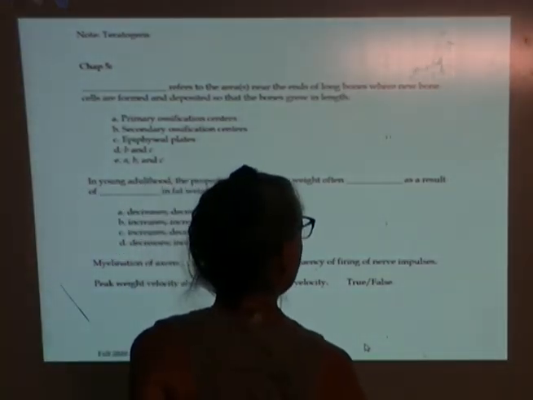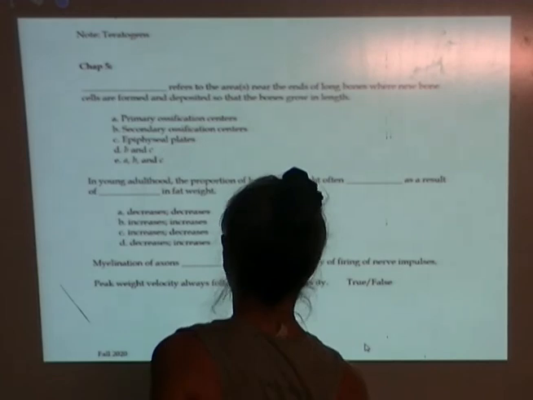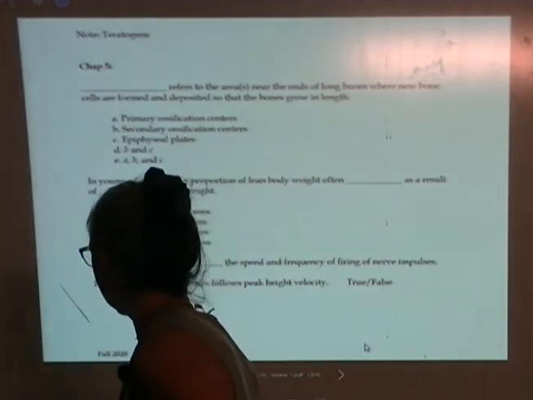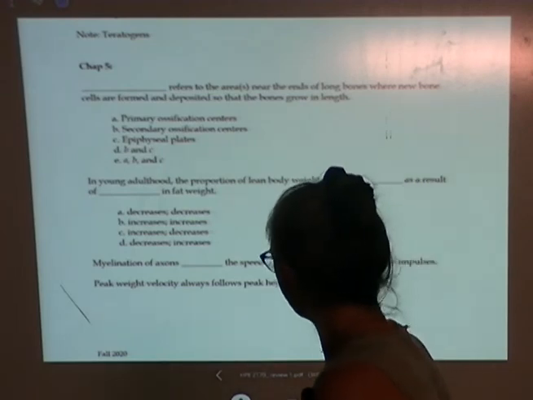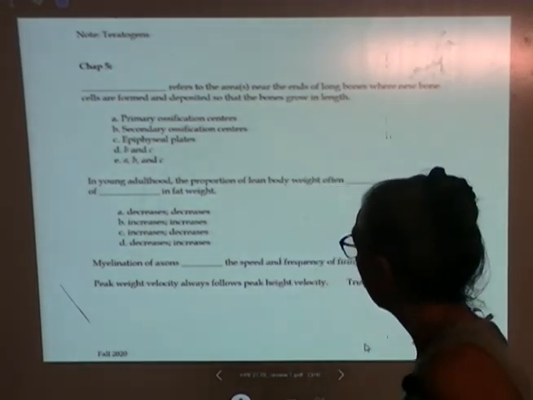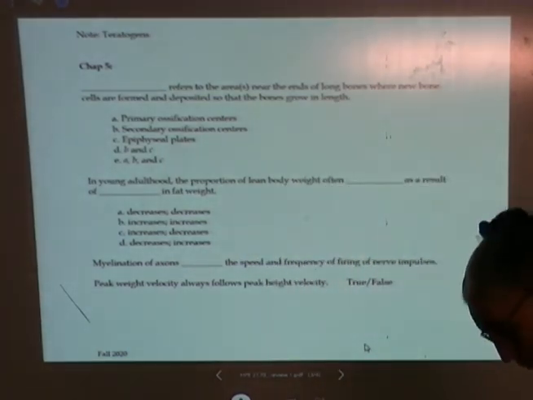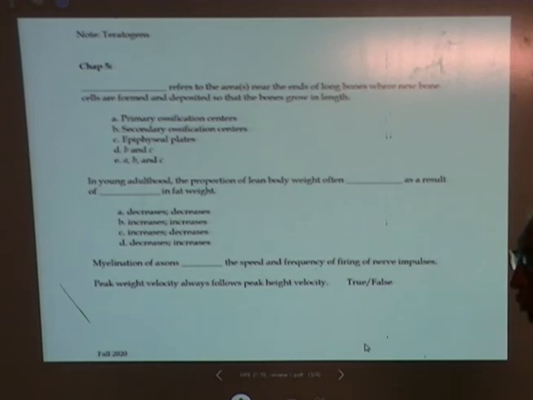Okay, last one, I think. Peak weight velocity always follows peak height velocity. True or false? False. Actually true. True. Yeah. Right?